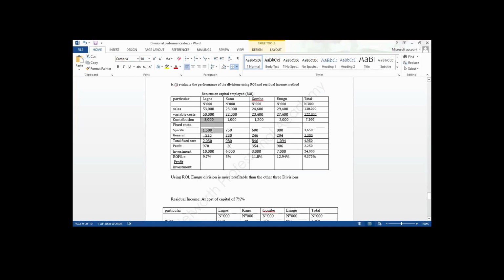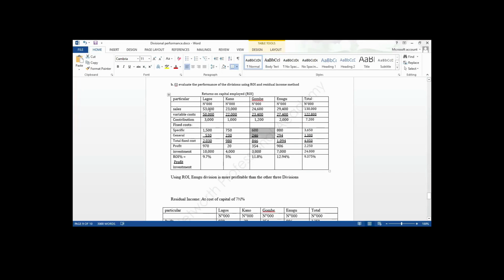Contribution. Look at your total fees cost. Add these two together. 2,030. 980. 6,846. Add this together.